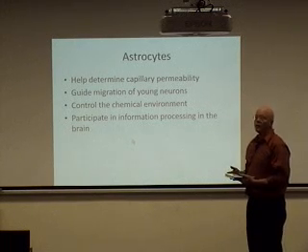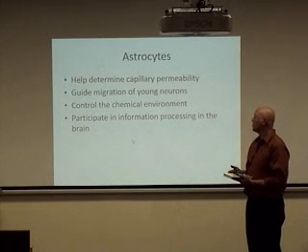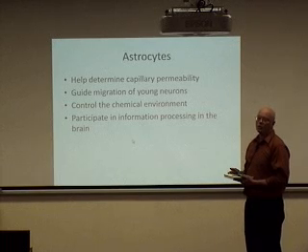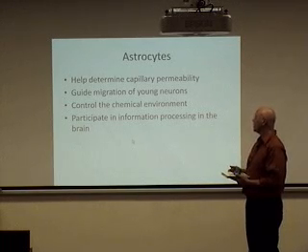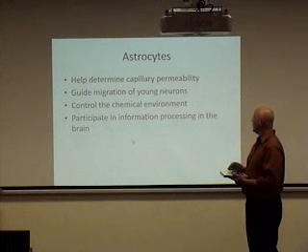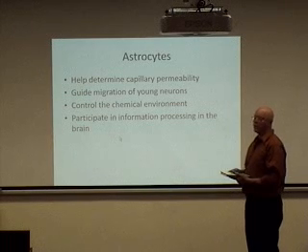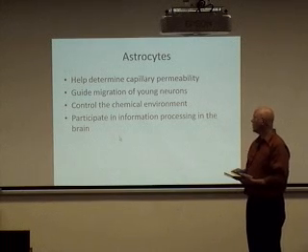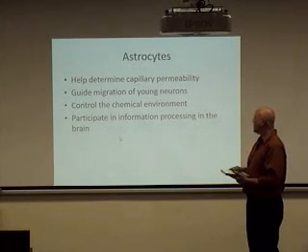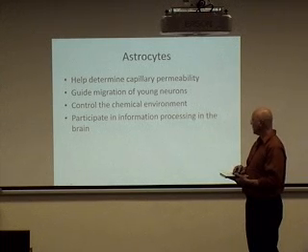That is very important, because by keeping the chemical environment right, we have the right concentrations of sodium and potassium to allow the neurons to have an electrical charge and be able to transmit electrical impulses. They're also involved in capillary permeability, in guiding the migration of the young neurons, and to some extent they're even a little bit involved in information processing in the brain.